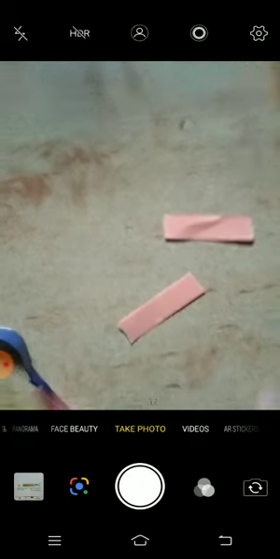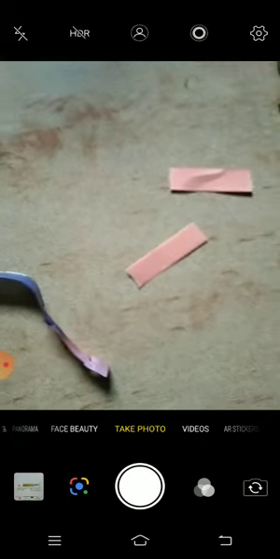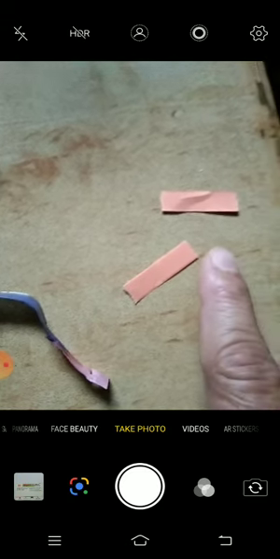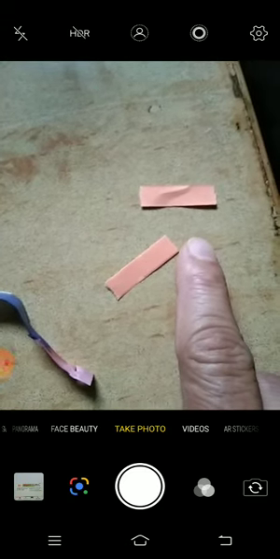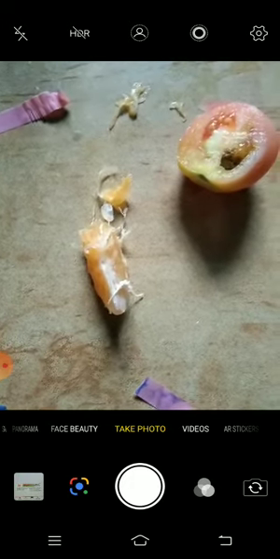I have two pieces of pH paper left, and we have to test the change in color of these two pH papers with this orange and tomato. See here the change of color of this pH paper with tomato.